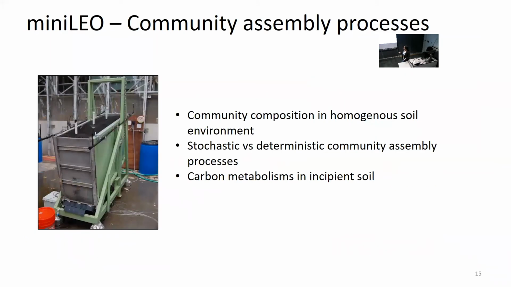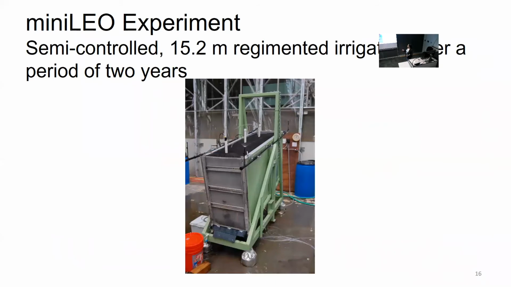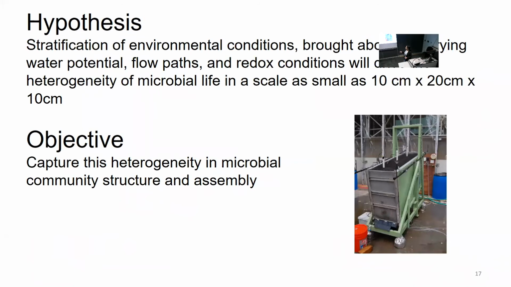So obviously this is what we want to study. This is again mini Leo in its grandeur. What we did was rain on it for 2 years with this controlled precipitation, of almost 15 meters of precipitation. And the hypothesis that we had is that because of the precipitation regime, there would be a stratification in environmental conditions in this mini Leo.